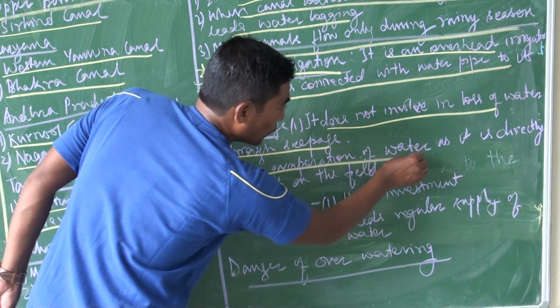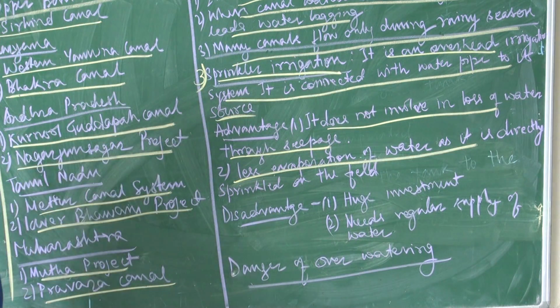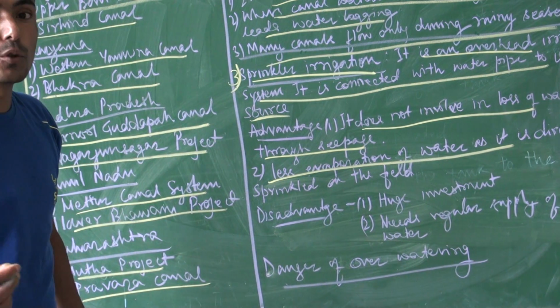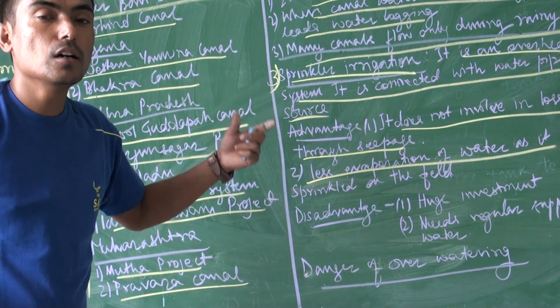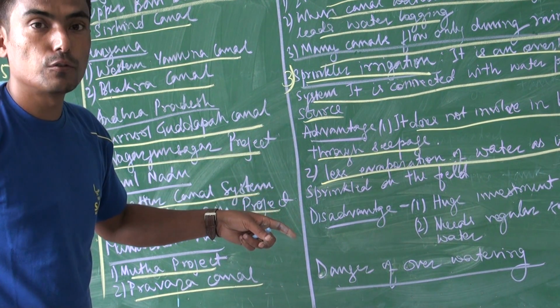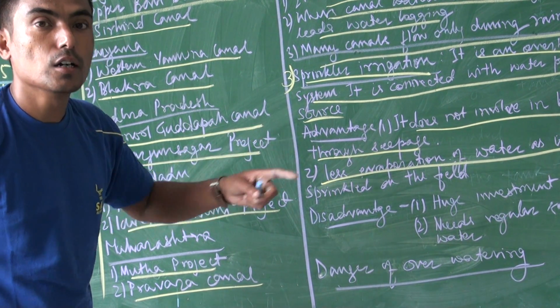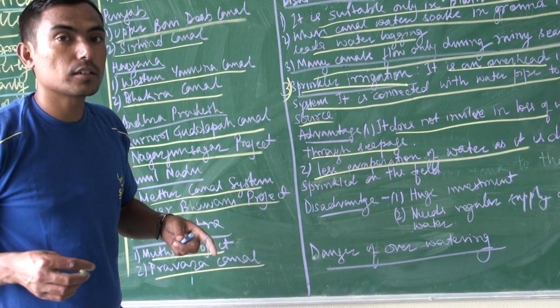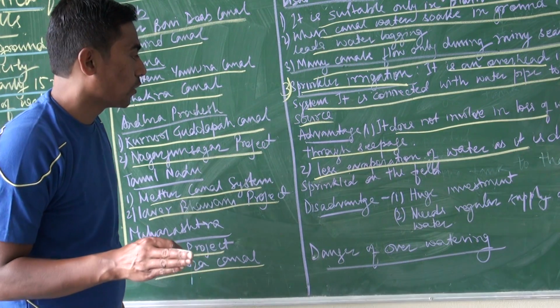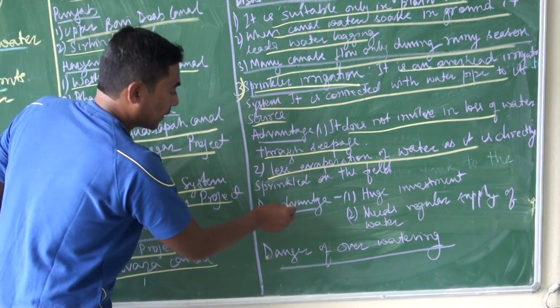Less evaporation of water, because the water sent from the source towards the agricultural field or plantation field is transported through a pipe. It is not transported openly, resulting in less evaporation of water.